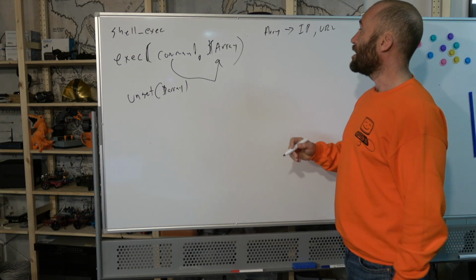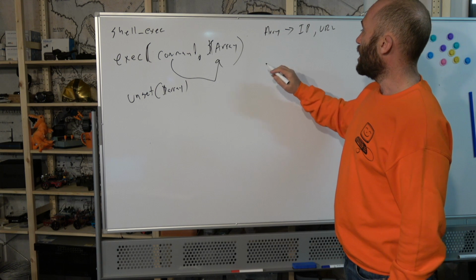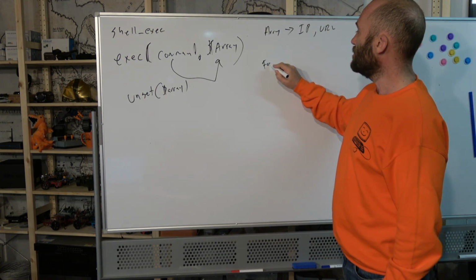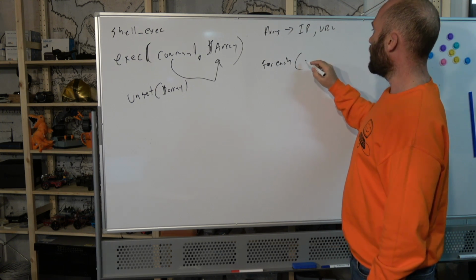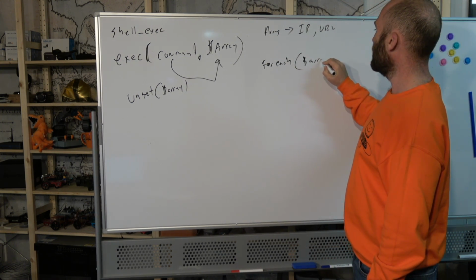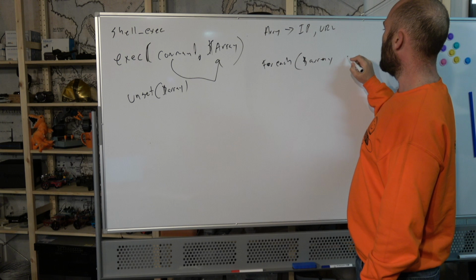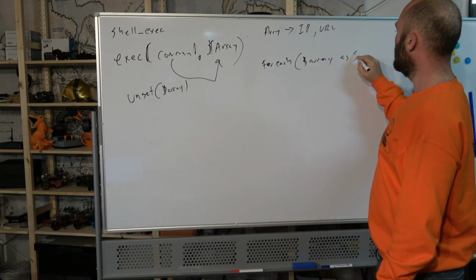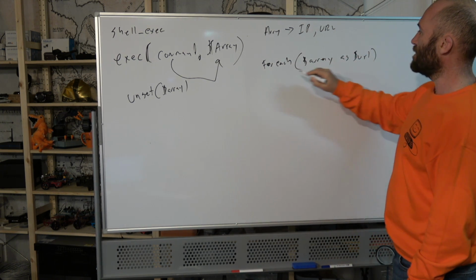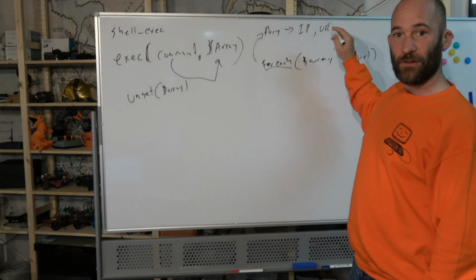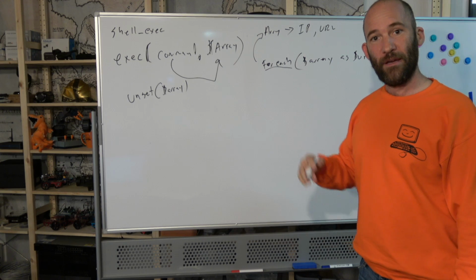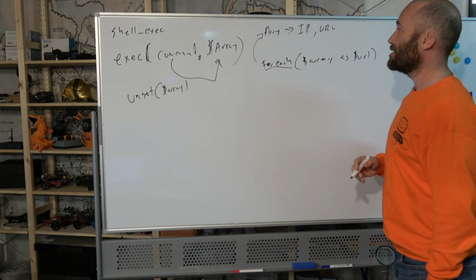Then we're going to use a for each, turning the array into the URLs, as URL. With this for each, we are stepping through this array to test the different IP addresses and the different domain names that we gave it.